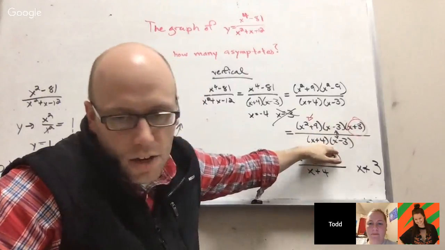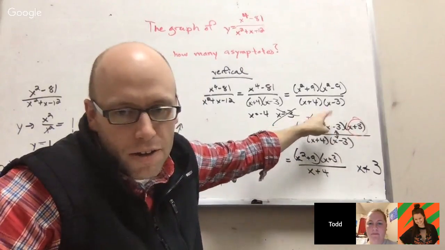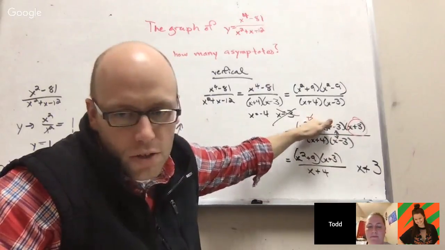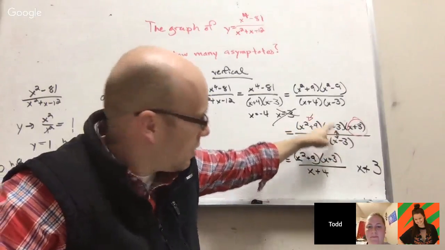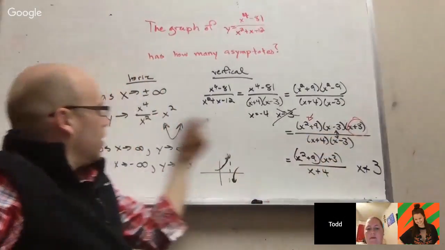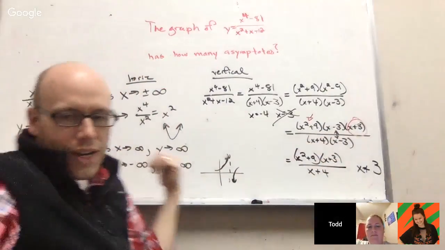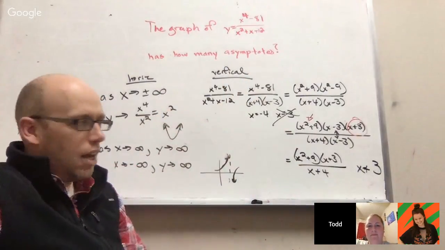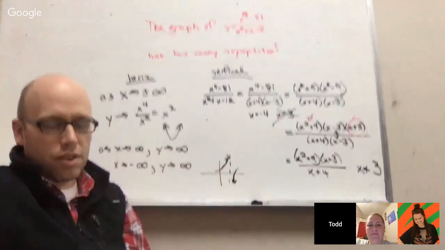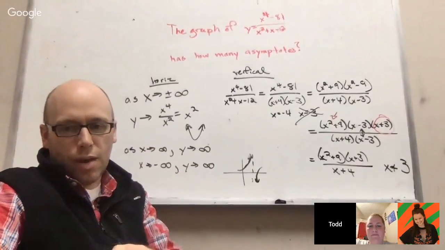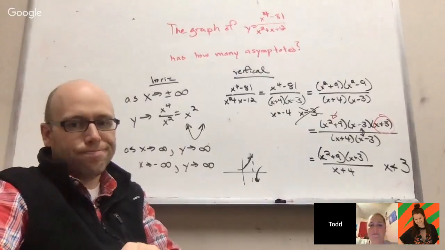Zeros in the denominator that aren't repeated up here give you vertical asymptotes, as long as they're not shared between the two. This idea that we did over here with the horizontal asymptote gives you the long-run behavior, tells you what it does at the ends. And with that, you can get a pretty good sketch of what the thing ought to look like, just with that degree of analysis.